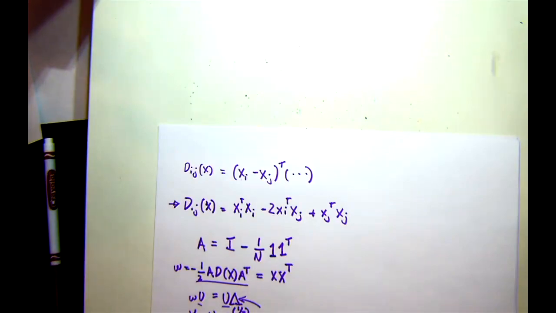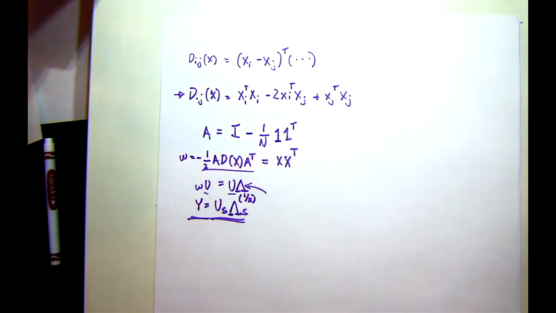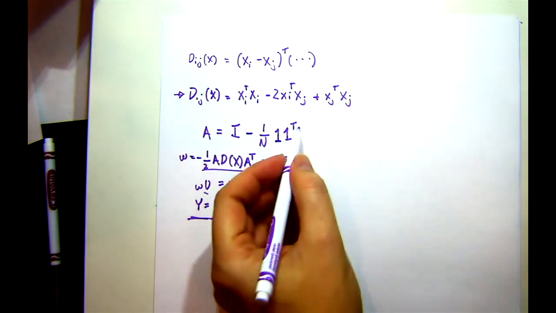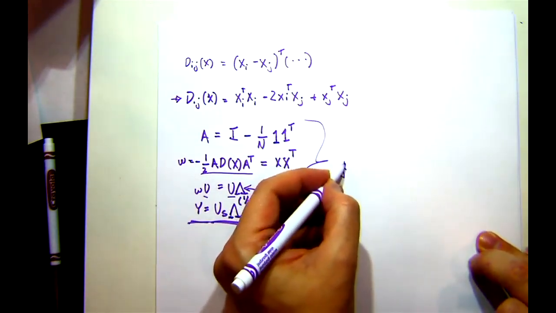The nice thing about this technique, which is slightly different, is we never need to know the actual data. All you need to know for this version of it is the distances between the pairs.